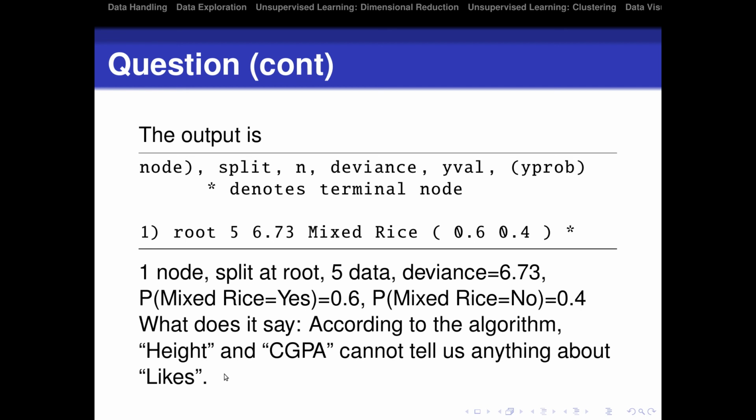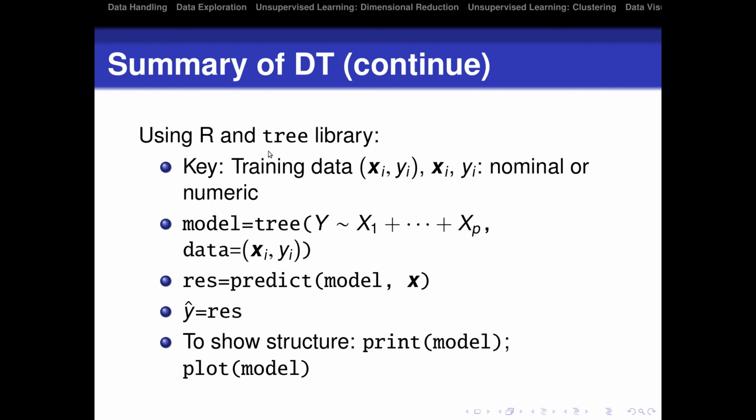So let us proceed to summarize the packages related to R programming. First, the tree library, which you already saw just now. The key when using this library is to know that the function tree can take in training data, labelled training data with the features xi and the output, to be both nominal and numeric.